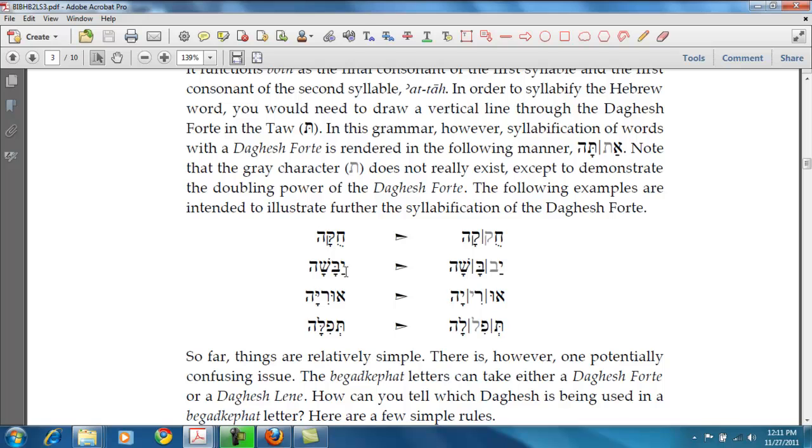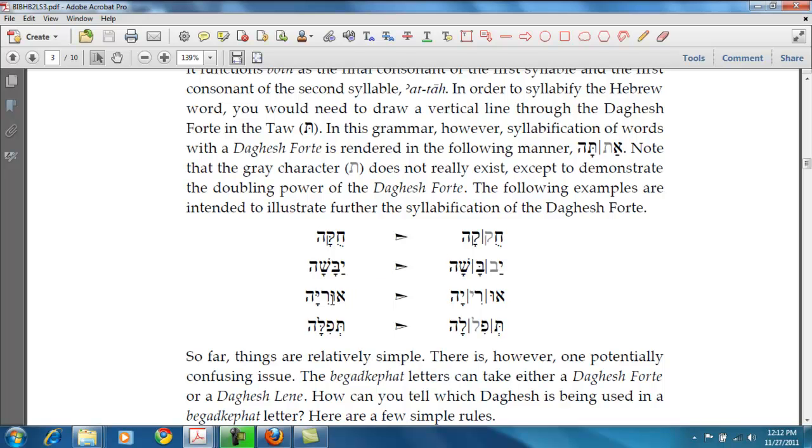And usually the norm is whenever you see a short vowel like this, and then a dot in a begadkefat letter, that's going to be a dagesh forte. So you've got Yav, Ba, Sha. Three syllables: consonant, vowel, consonant; consonant, vowel; consonant, vowel. So Yav, Ba, Sha.